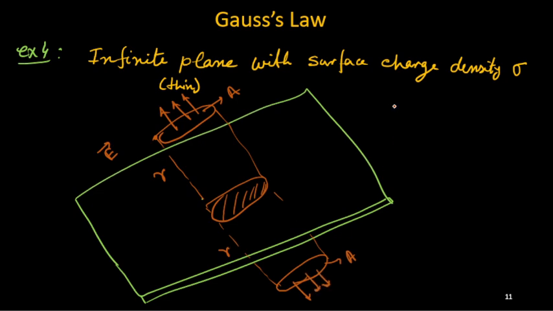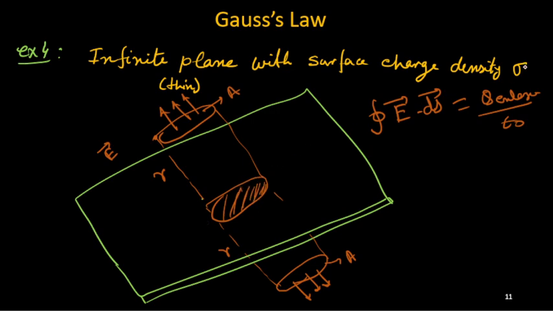Okay, so this E dot ds, the total surface integral, will be the charge enclosed upon epsilon naught. This is by Gauss law. Now what is the charge enclosed here within this area?